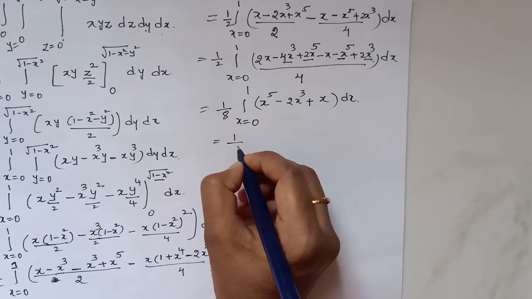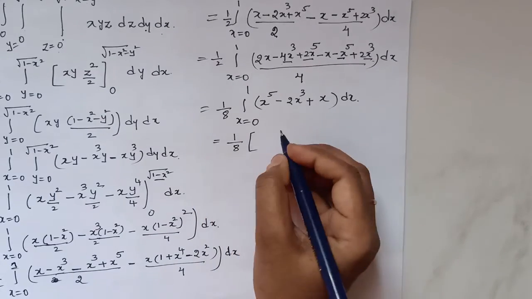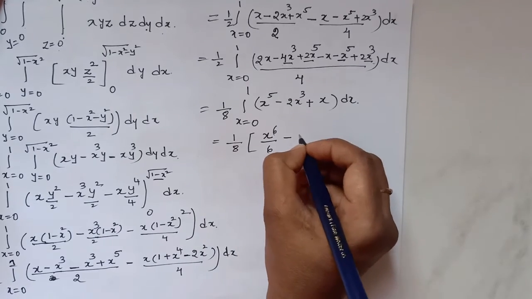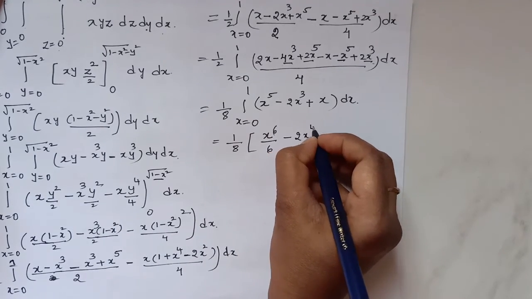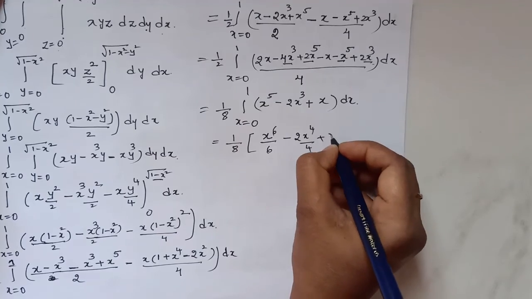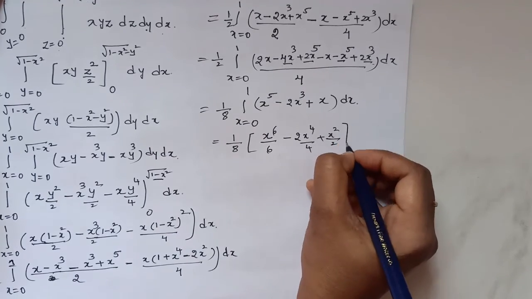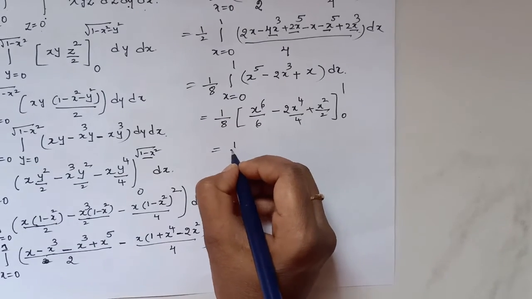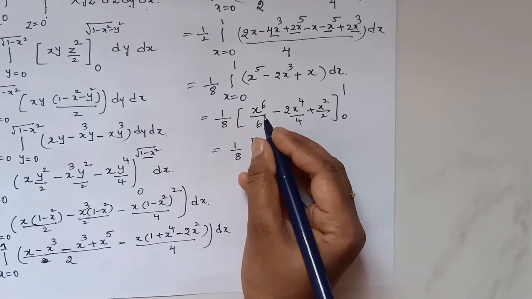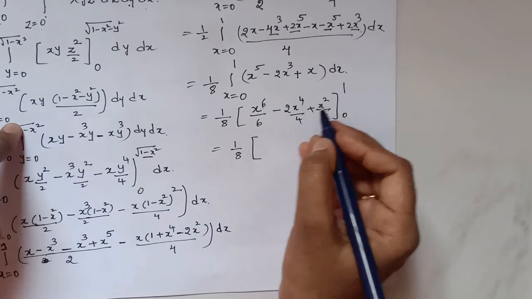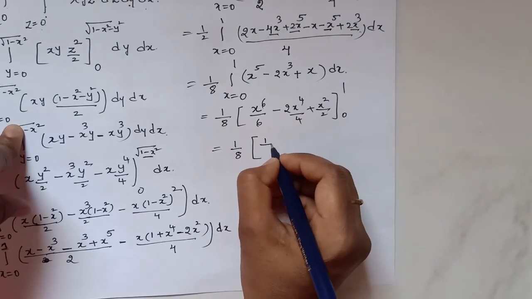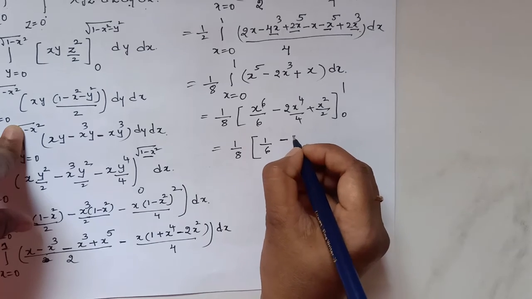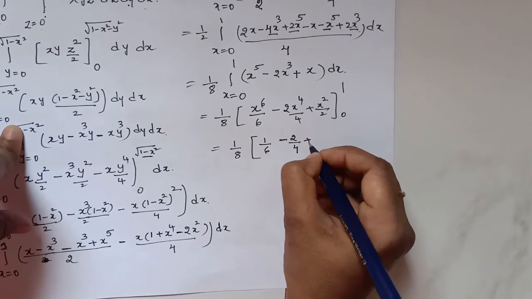This is equal to 1 by 8. Now integrate with respect to x. X power 6 by 6 minus 2 x power 4 by 4 plus x square by 2, integration limit 0 to 1. This is equal to 1 by 8 into, by substituting upper limit 1 we get 1 by 6 minus 2 by 4 plus 1 by 2.